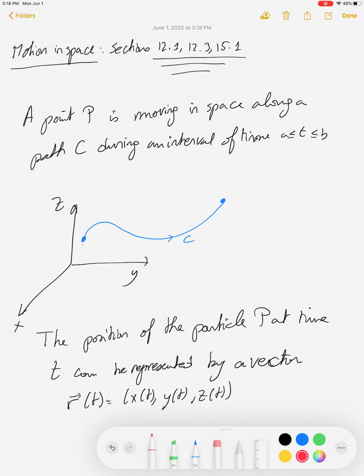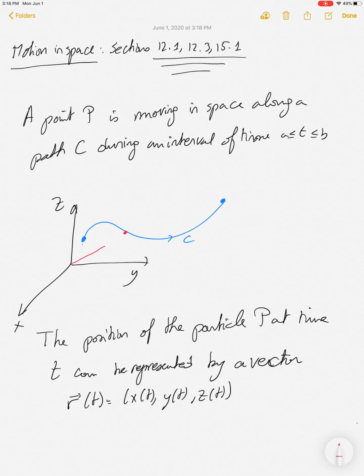So if this is at time t, I'm here, this is the vector r of t, which means this is x of t, this is my y of t, and this is my z of t.